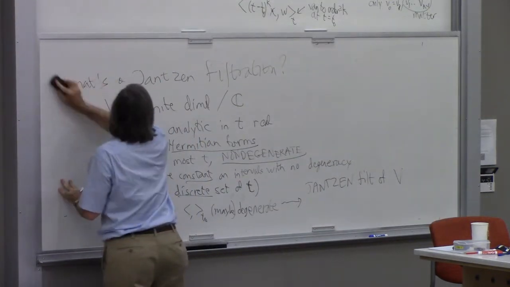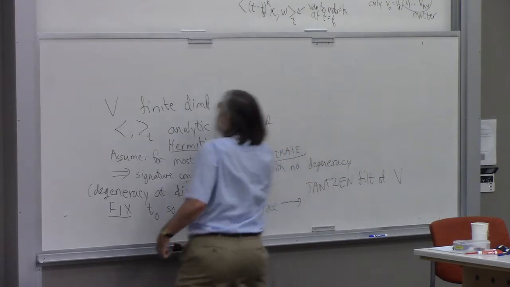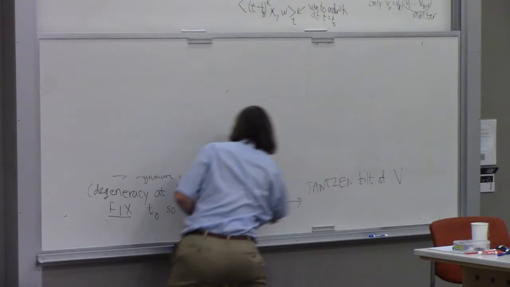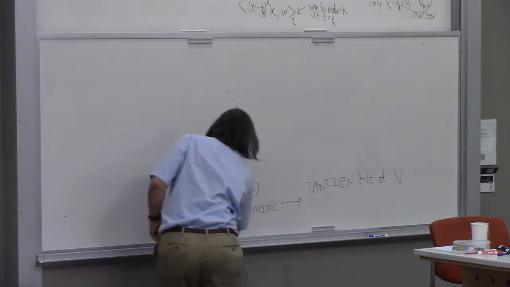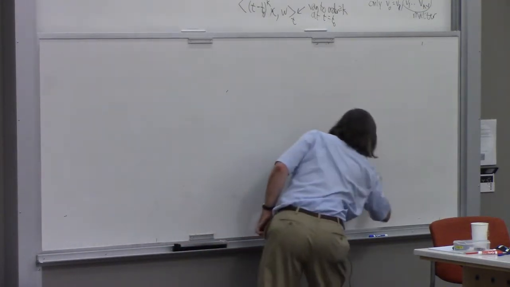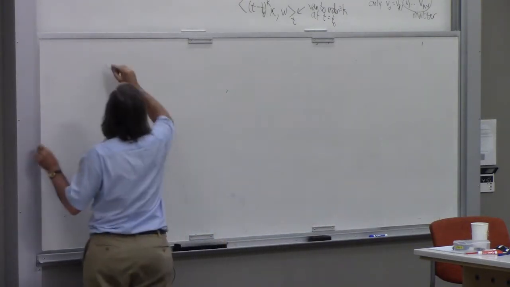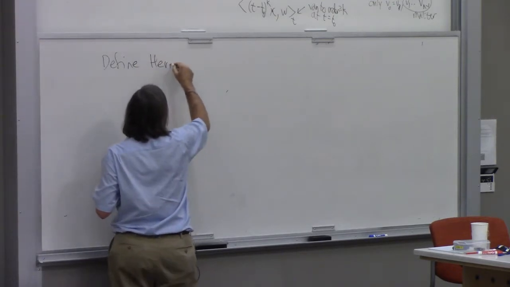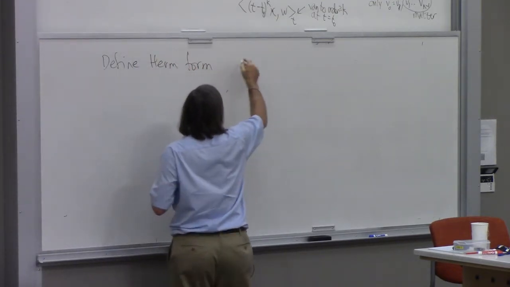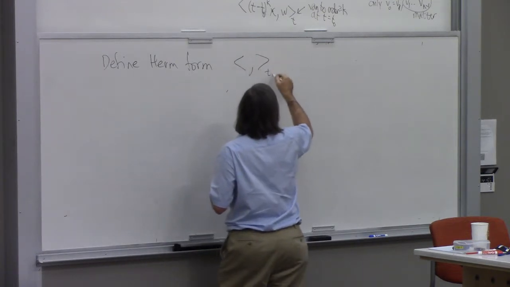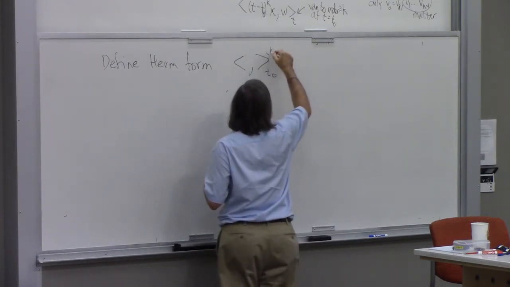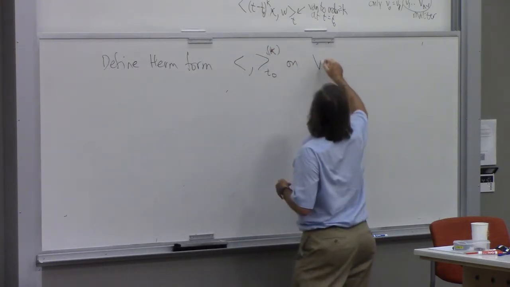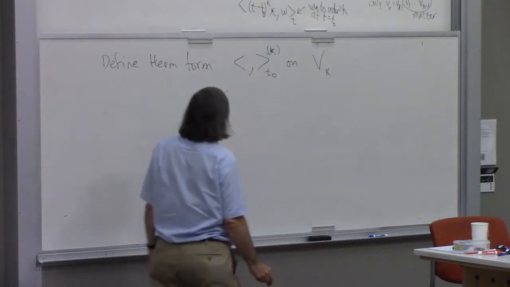That's the definition, and then it's clear that you can define a Hermitian form level k on Vk.